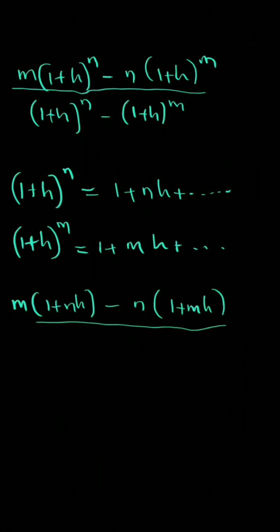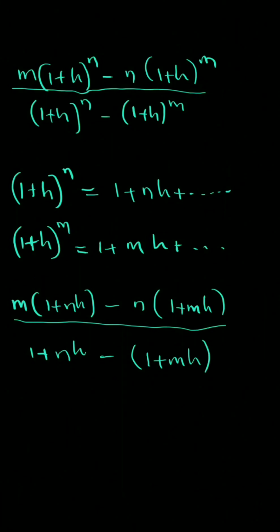Then we'll divide with what is (1 + h)^n, substituted with 1 plus nh. Oh, sorry, we're not supposed to have m here. Let me get rid of the m. It's supposed to be n. So write n here. Then minus open brackets because of a negative term, we have 1 plus mh.